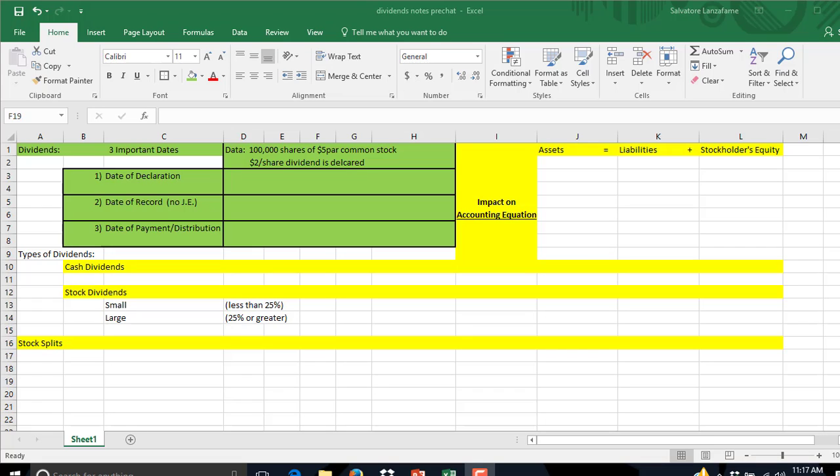So the way that would work is on the date of declaration, the company would debit cash dividends. You may actually have an account called cash dividends declared. I'll use that just so it's even clearer. So we would debit this account called cash dividends declared, and the math involved here would be, since there's 100,000 shares in the possession of the stockholders, so I probably should have written 100,000 shares outstanding.